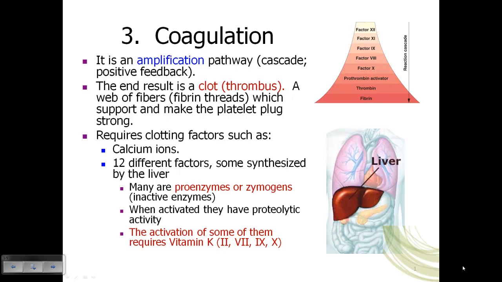Factor 1 is called fibrinogen, and when it's activated, we just call it fibrin. There are 4 clotting factors that require vitamin K in order to be synthesized correctly. Those 4 clotting factors are 2, 7, 9, and 10, and it is very important that you remember those.